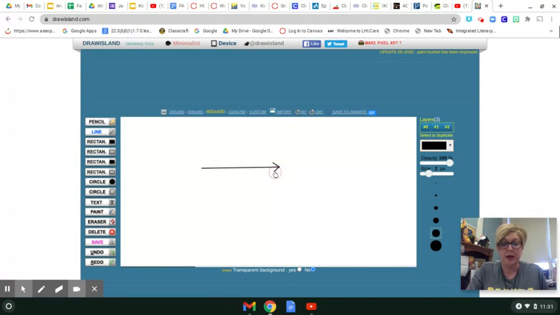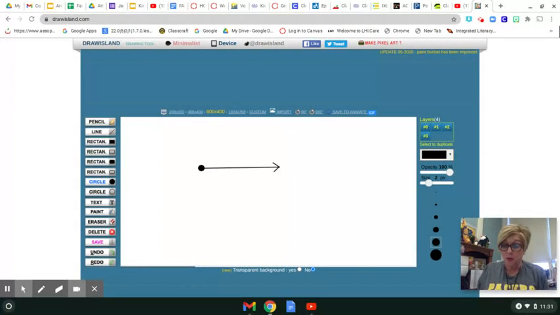So I'm going to put an arrowhead at one of the ends, and the other end is a starting point. Think about the sun. The sun is kind of like a point. I'm going to put a point at the other end, and there's my ray. So a ray travels forever in one direction.